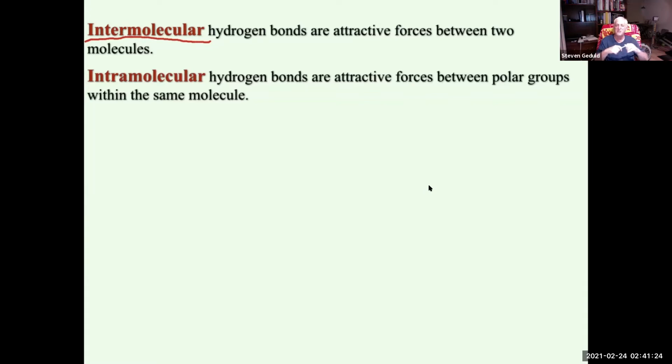The bonds are within the same molecule. That's what you get with some of our enzymes and some of our bases in the body that fold upon themselves. Okay, those are intramolecular, within the same molecule. So inter is between, intra is within. Okay, that's the difference.